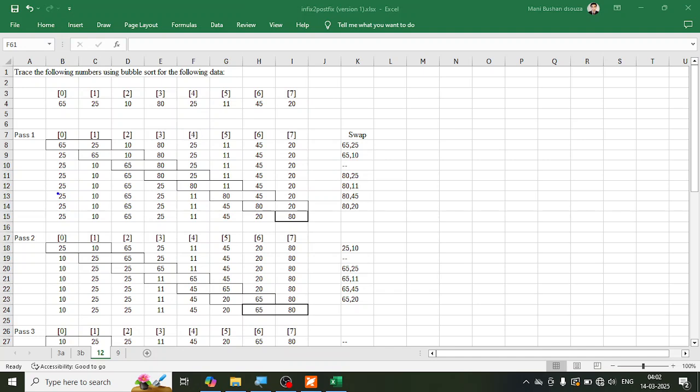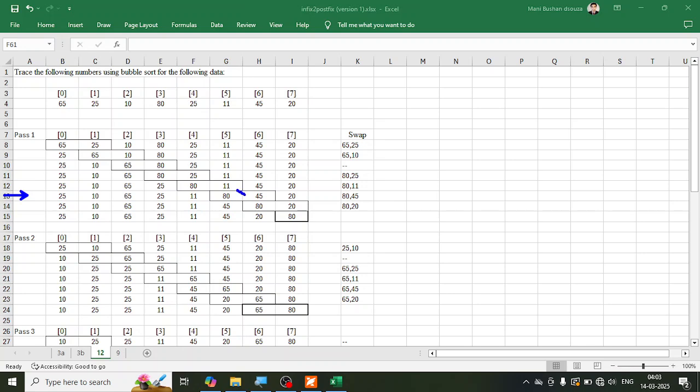Now let's go to the next step. In the next step, we are here now. So we are going to compare 80 with 11, and you notice that 80 is greater than 11. So you swap their position. So when you swap, 11 will occupy the position of 80, and 80 will occupy the position of 11. In the next iteration, you start doing the same thing.